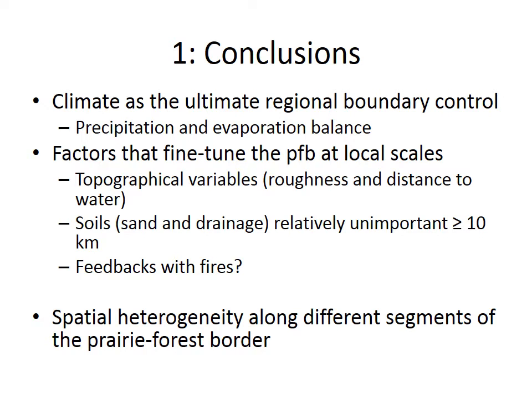So topographic roughness, for example, was more important in the southeast and was almost as important as precipitation balance. So there is some heterogeneity there, and at fine spatial scales there's a lot of heterogeneity and much less at the larger grain sizes or big grid squares and large spatial scales.